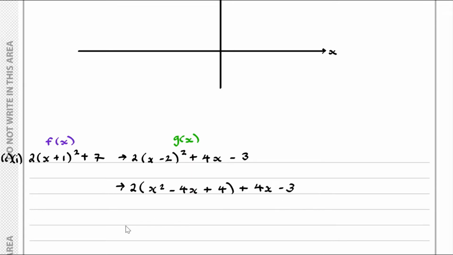And if we tidy all this up, well, we have 2x squared, and then we have 2 times minus 4x, that's minus 8x, plus another 4x, that would be minus 4x. And then we have 2 times 4, which is 8, minus the 3, that would be 5.